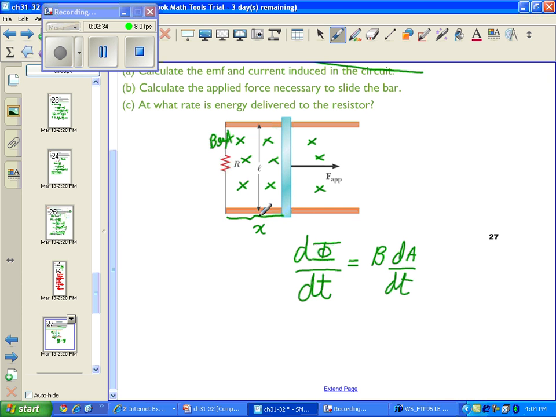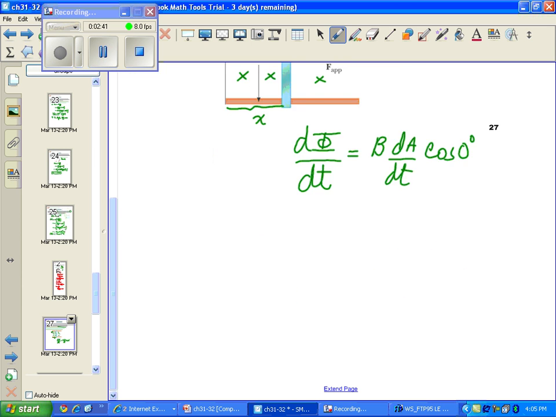The area is changing, but only one dimension of the area, times the cosine of 0, which is 1.